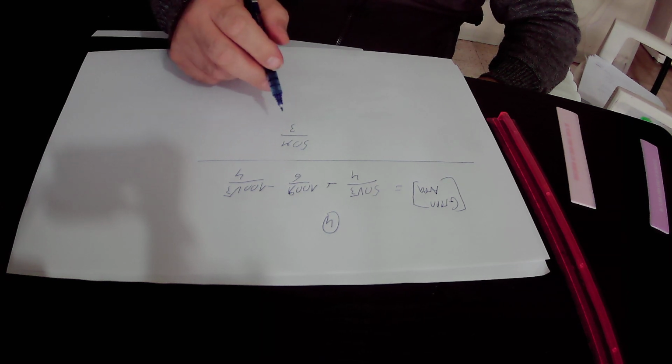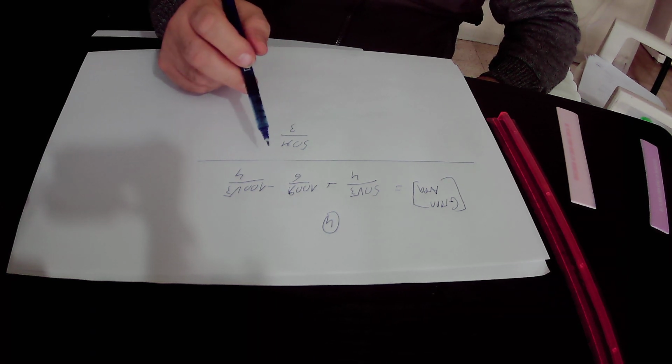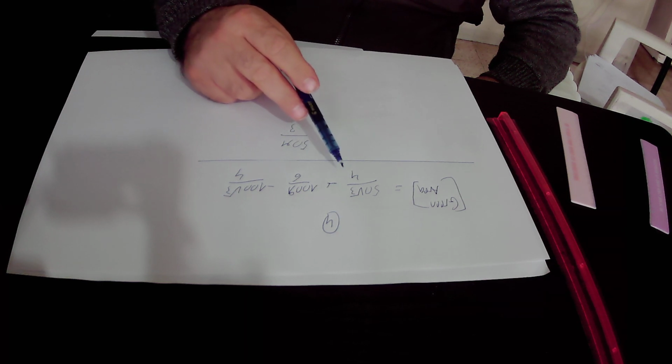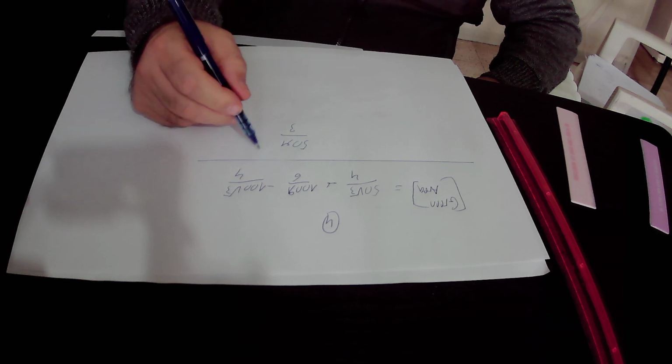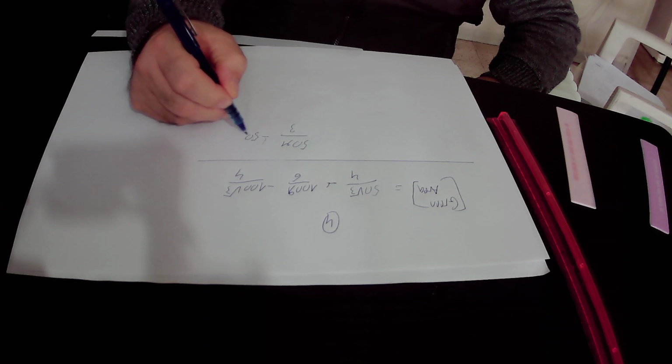And here we have 50 times square root of 3 over 4 minus 100 times square root of 3 over 4, which is minus 50 times square root of 3 over 4.